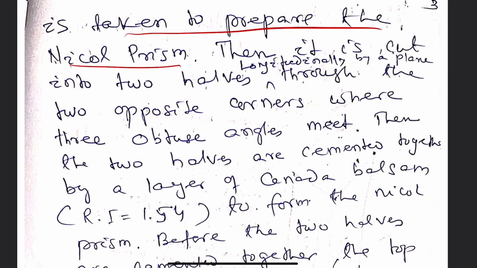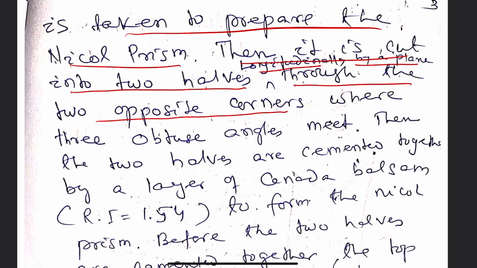Why is such a length chosen? Because the total internal reflection effect is to be effective, so that one ray can be eliminated. That's why the length is maintained so. After taking this block 3 times longer than its width, it is cut into two halves longitudinally by a plane which passes through the two opposite corners where 3 obtuse angles meet.